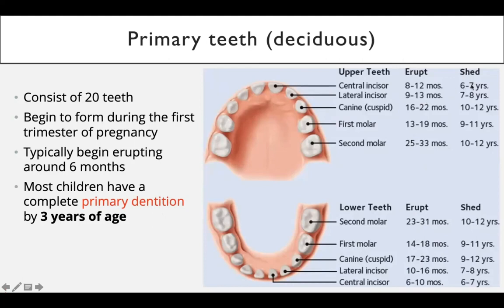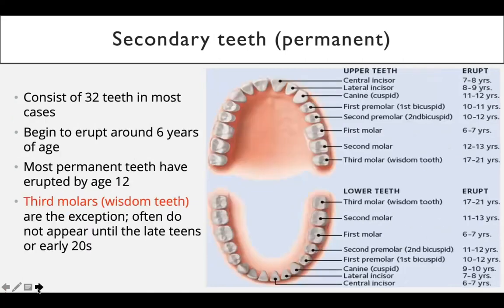They start shedding at 6 years, up to 12 years. When they are shedding, who is coming? The permanent teeth are coming. How many are they? 32. So permanent teeth are 32 in most cases.